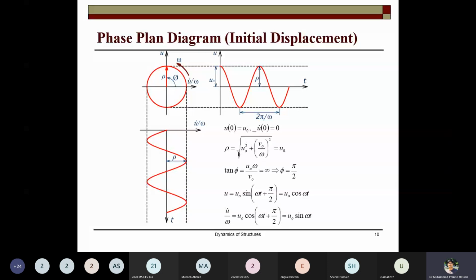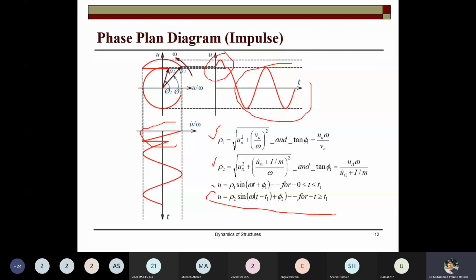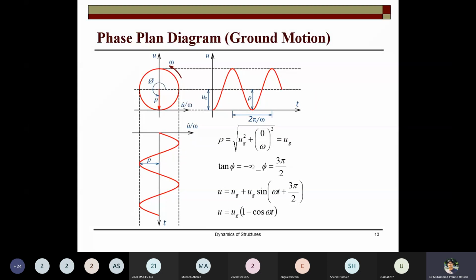There is the response of the system when you have the ground motion. Then you know that velocity is not present, but only the ground motion is present. So the initial amplitude that is given to the system is the ground displacement, so only the rho value is the ground displacement.